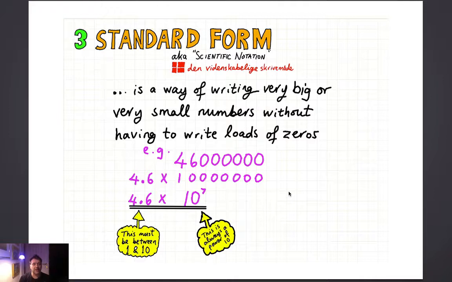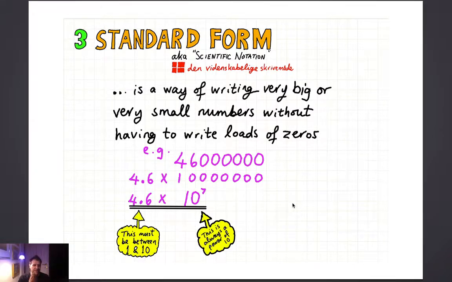So the point of that is that 4.6 times 10 to the power of 7 is a much shorter, easier way of writing a very long number, 46 million. So the thing to take from this is the method of setting it out, lining it up so that you can see that the 46 million, for example, is the right number of times bigger than the 10 million.